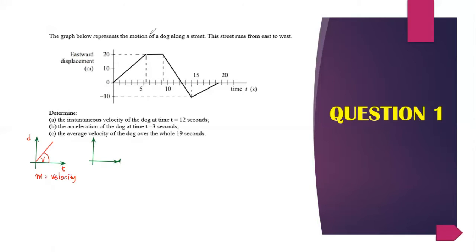Okay, but for the second graph, let's say the y-axis is velocity and the x-axis is time, and we have a straight line here. So the gradient is acceleration. Is it clear to you?